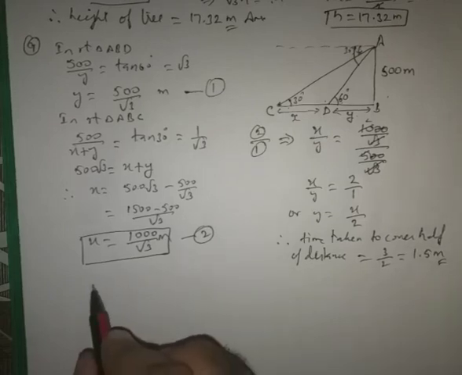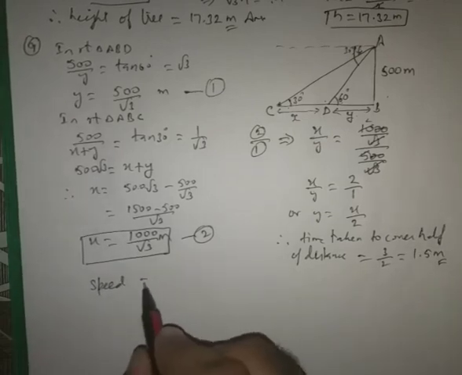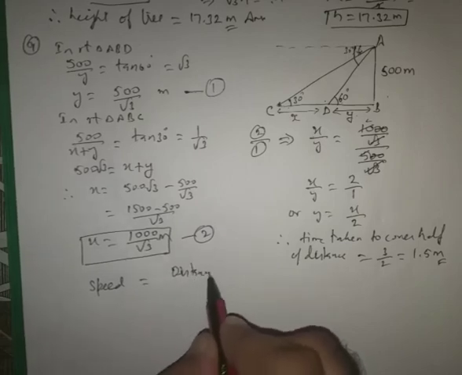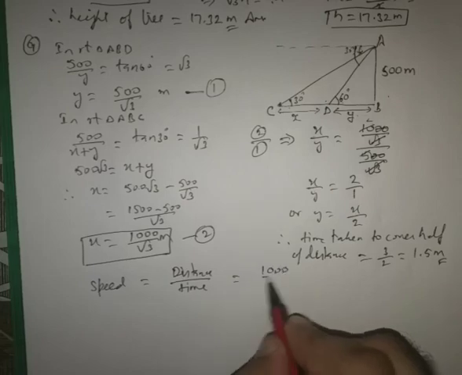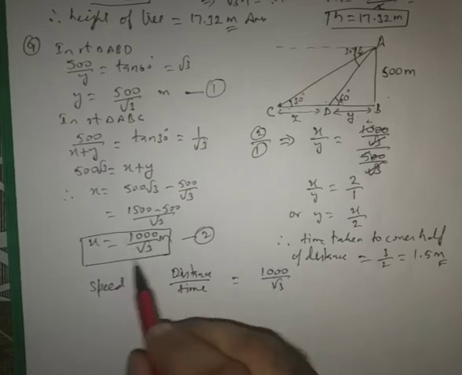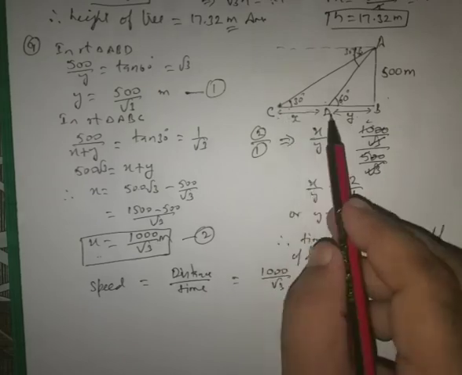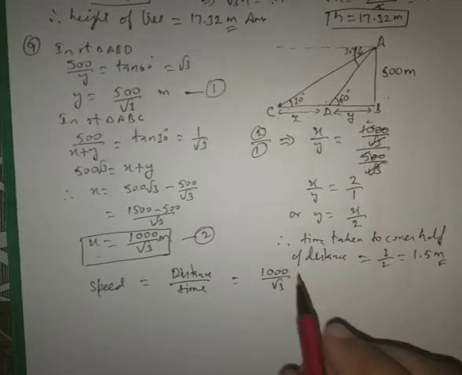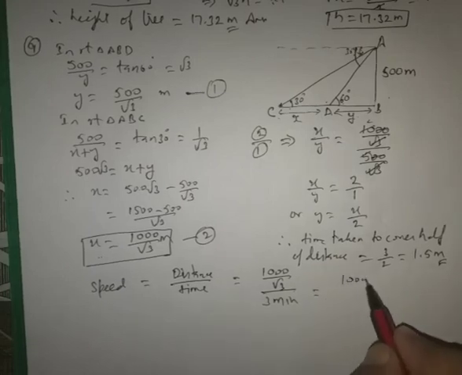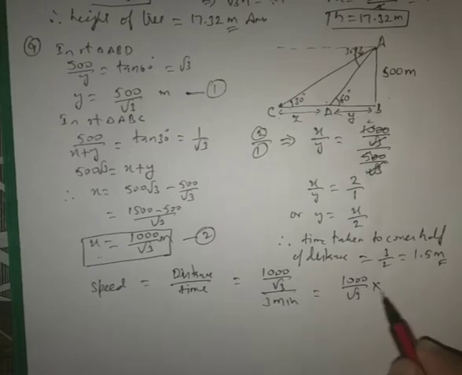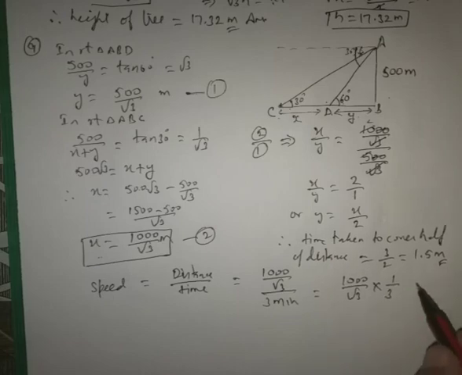And to find the speed, it is equal to distance over time. Here the distance is 1000 over root 3, if I am talking about this distance X from C to D, and the time is 3 minutes. So that is equal to 1000 over root 3 multiplied by 1 over 3, and this will be meters per minute. Now I am rationalizing this.